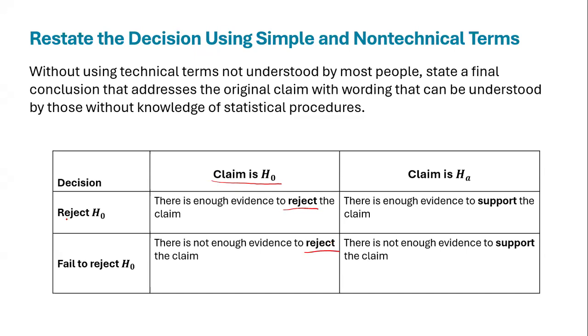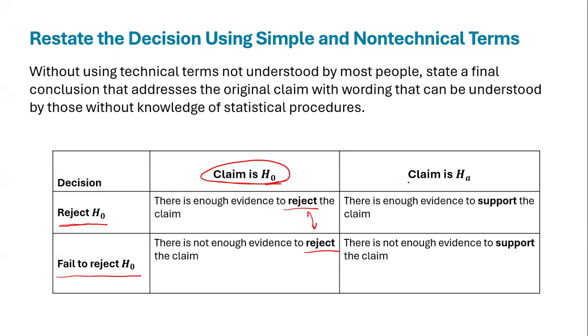If at the end of the hypothesis test you rejected the null, and since the null is the claim, that means you're rejecting the claim, so you say there is enough evidence to reject the claim. But if you fail to reject the claim, you say there is not enough evidence to reject the claim. So anytime the claim is on the null, don't forget that you have to use the word reject in both cases.